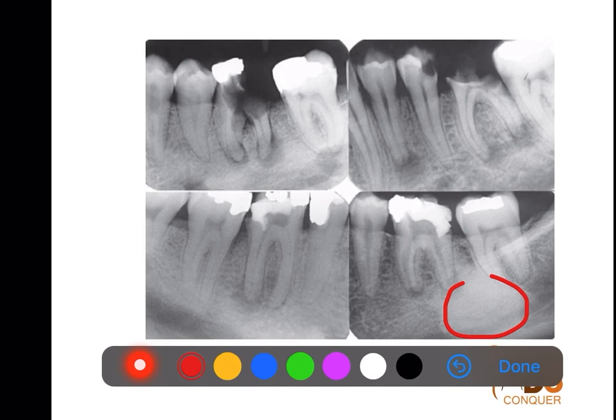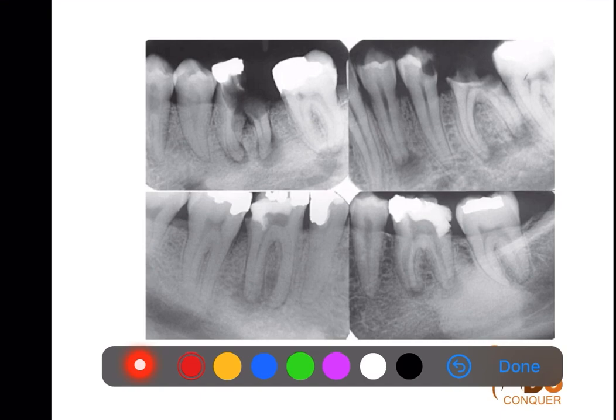For the effect on the surrounding structures, if you go with the tooth, you have to see the lamina dura and the periodontal ligament space. So if you see here, there is loss of lamina dura continuity and widening of the PDL space, right? So this goes in favor of a diagnosis which is a mixture of rarefying and sclerosing osteitis.